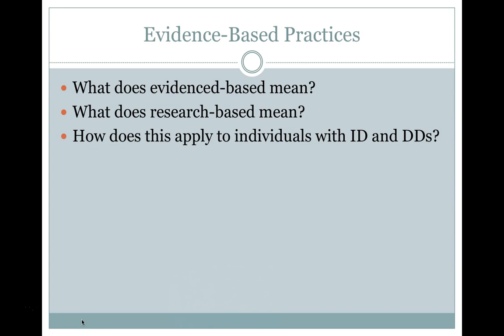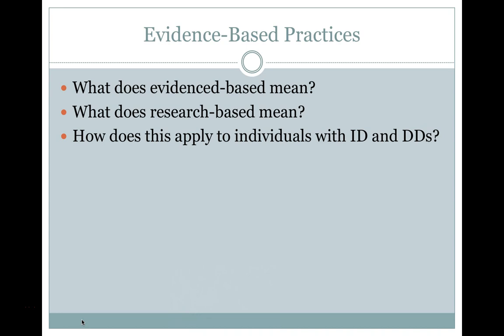And when we're thinking about how this applies to individuals with intellectual and developmental disabilities, it's really important because there are a lot of treatments, services, accommodations, and all sorts of things that are available to this population, and many of which have no evidence base behind them.